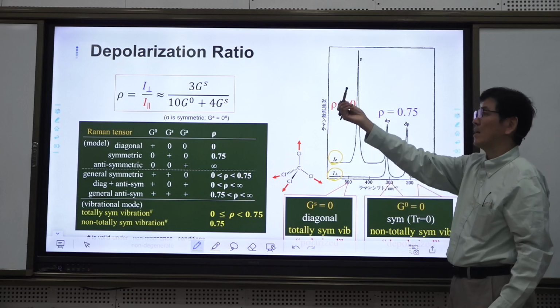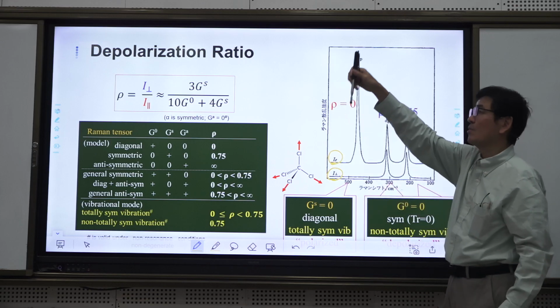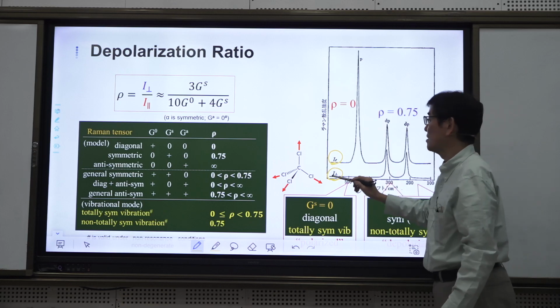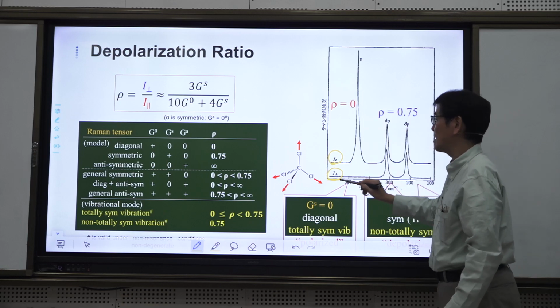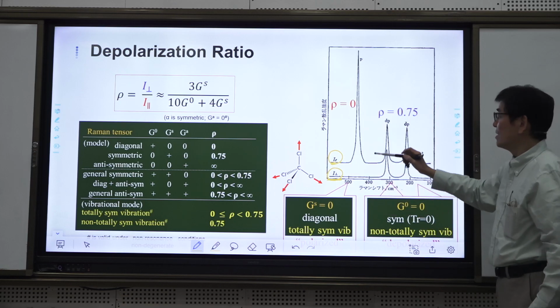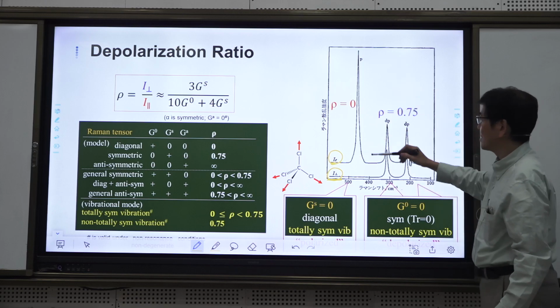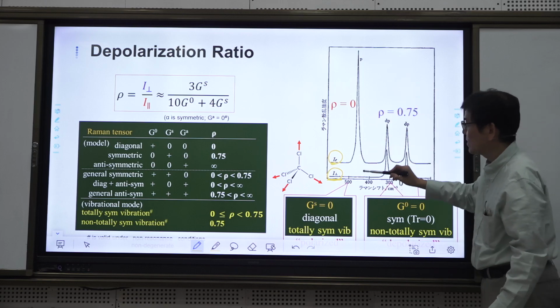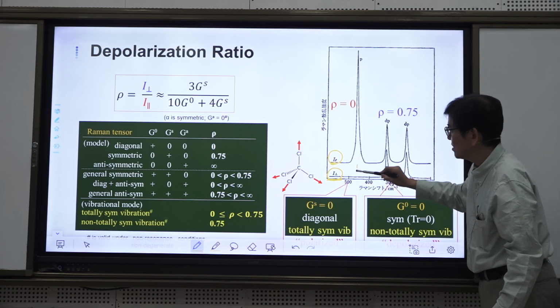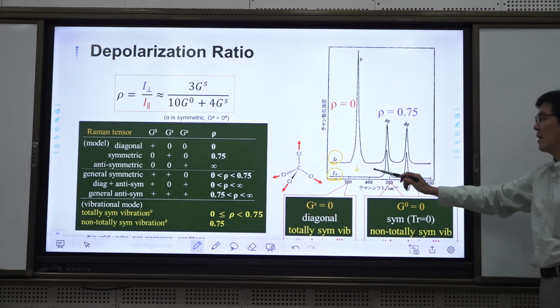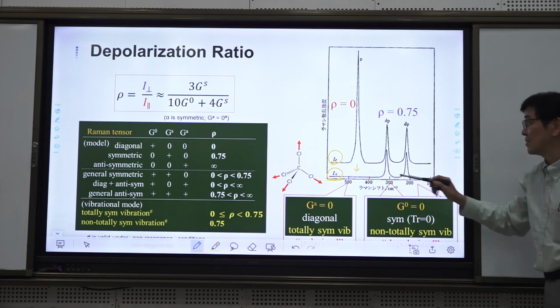The perpendicular component has the rotated polarization with respect to the excitation beam. And you see the intensity pattern is quite different. In particular, this peak is absent in the perpendicular spectrum.